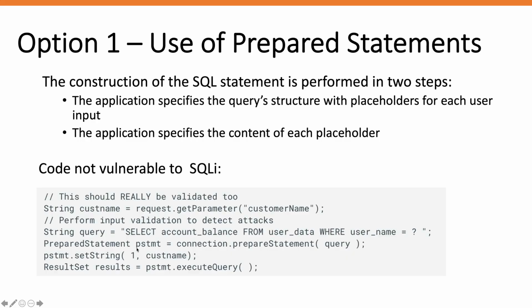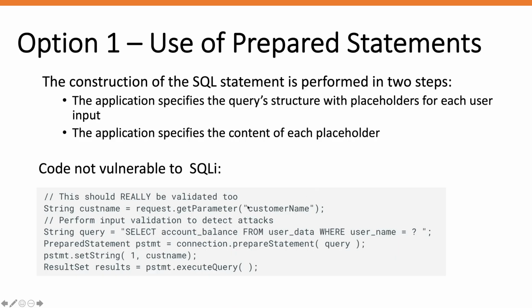So the prepare statement method is invoked to interpret this query and fix the structure of the query. And then the setString method is used to specify the parameter's actual value. Now, because the query structure has already been fixed in the prepared statement, this value can contain any data without affecting the structure of the query, because it will literally be interpreted as data versus as part of the query.